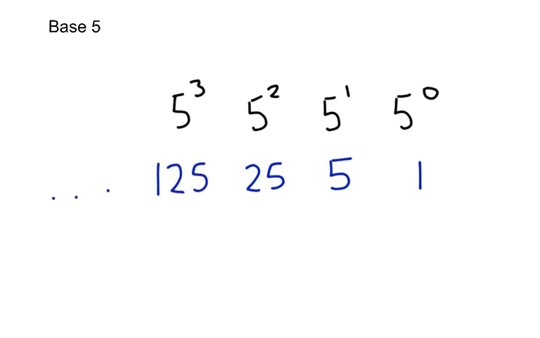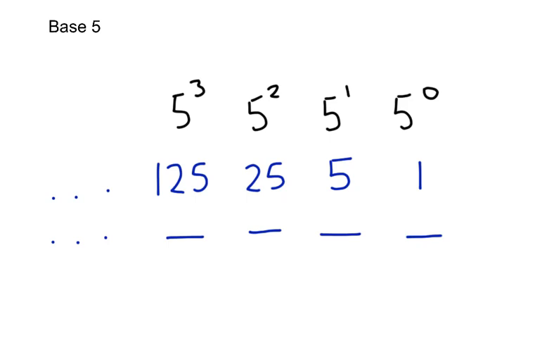So in base 5, our place values will be the 1's place, the 5's place, 25's place, 125's place, and so on. It's a little uncomfortable at first. It takes a little getting used to, but I think you can do it with practice. Also in base 5, we're not going to have 10 digits anymore.